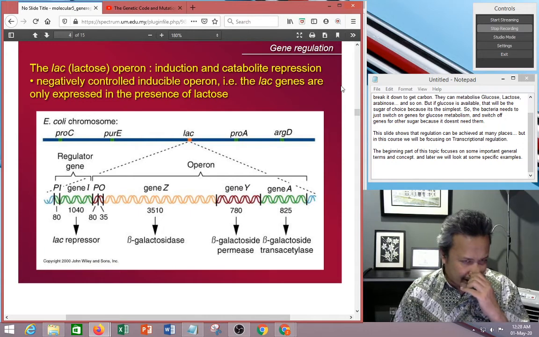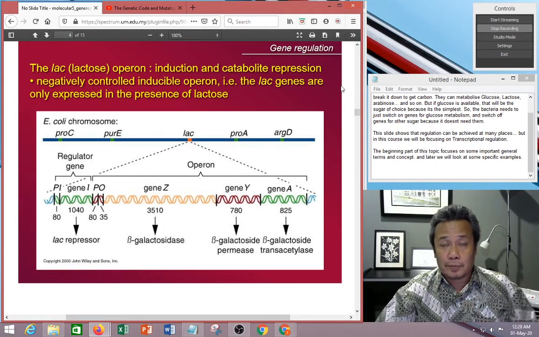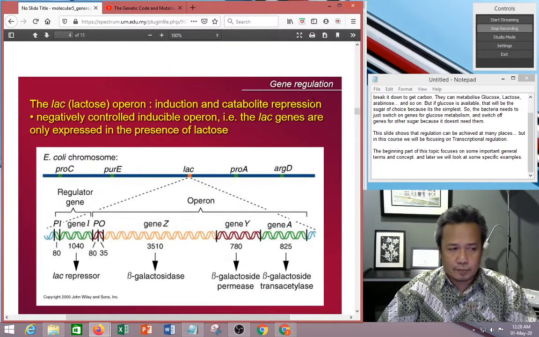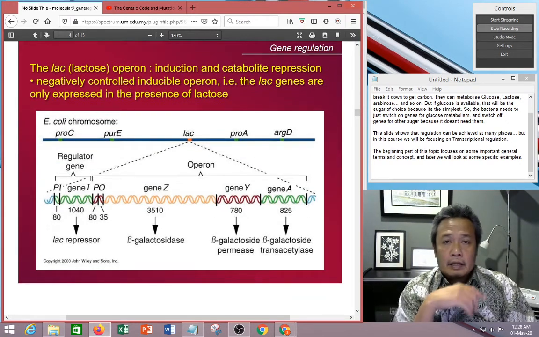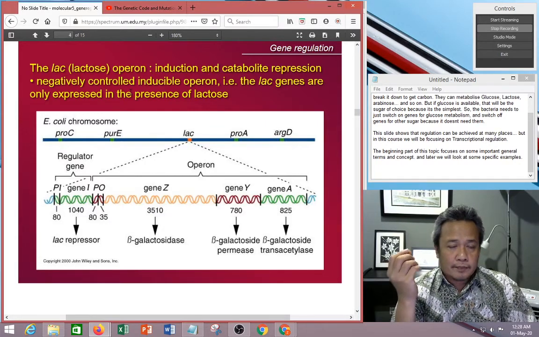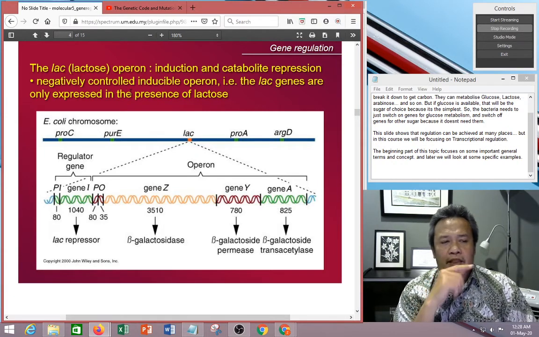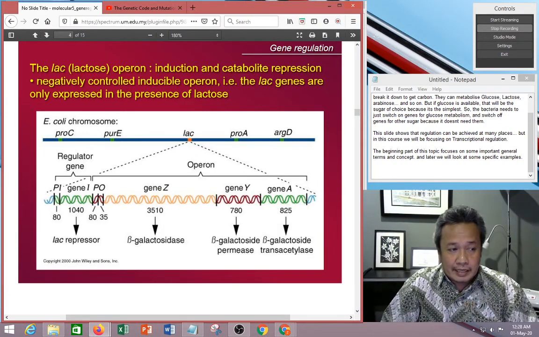So in this case, an example of an operon that we are going to study is the Lac operon. It's a lactose operon. Now, the lactose operon metabolizes lactose, and it has an inducible system. So here you go, it says it's a negatively controlled inducible operon.